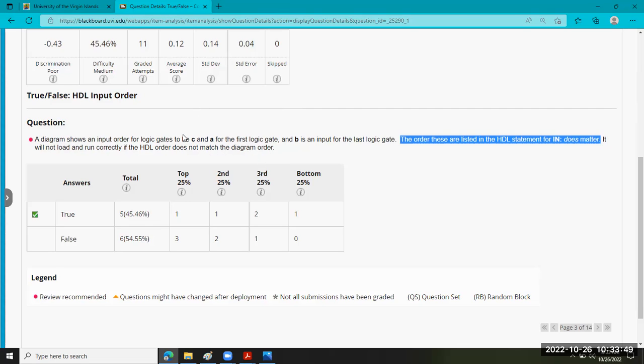In a case like this, where A and C are used for the first logic gate, that is a correct statement. Generically, in the HDL simulation environment, the order that you list logic gate statements does not usually matter. But what's happened here is that there's a custom built where different inputs must be handled first.